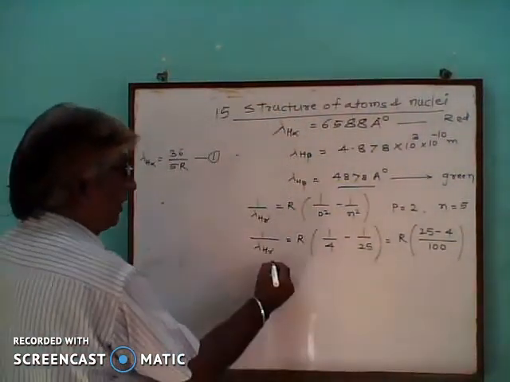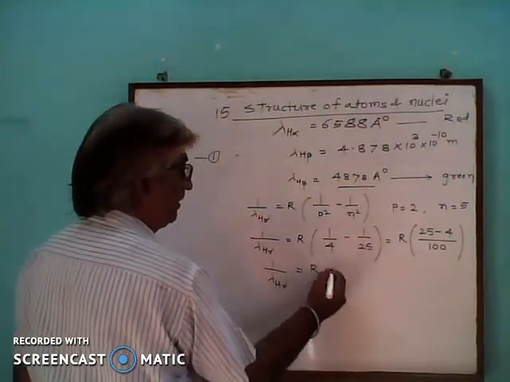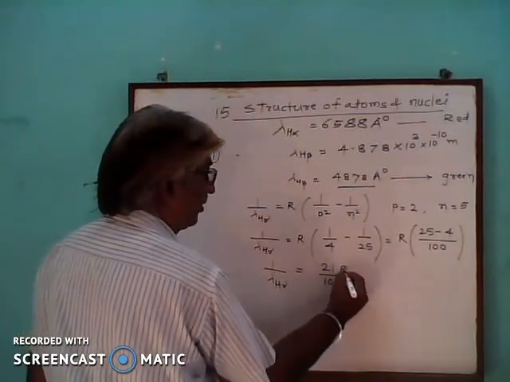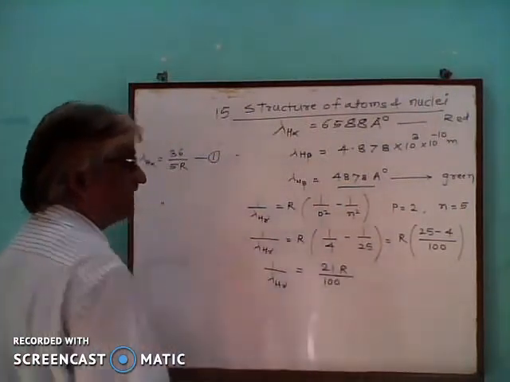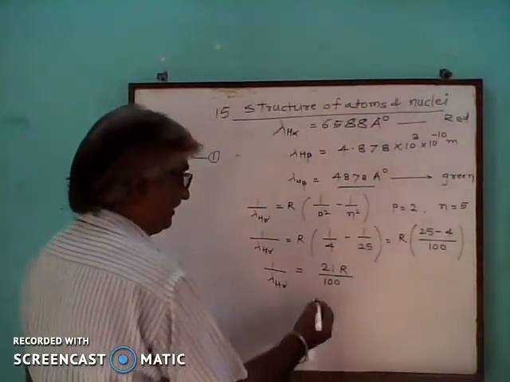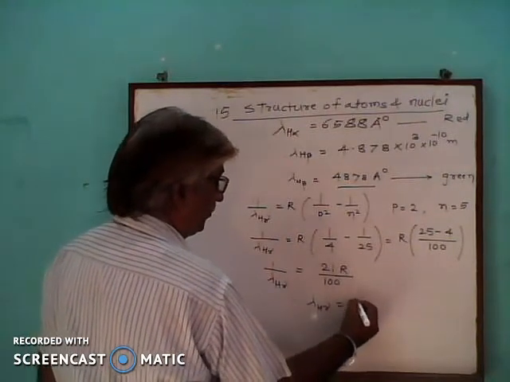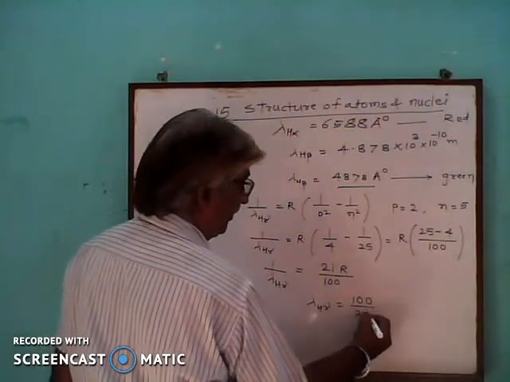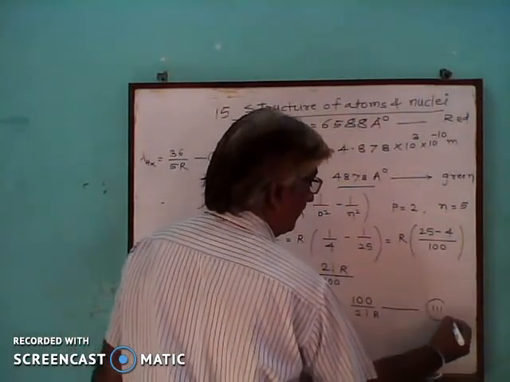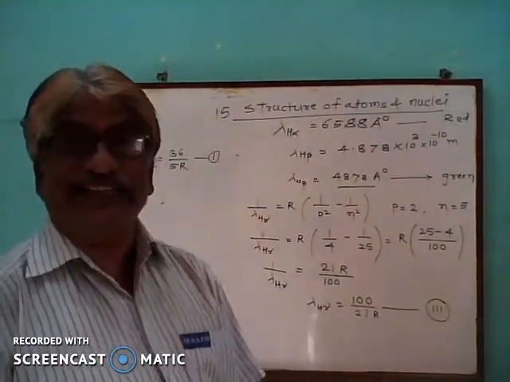So 1 upon lambda H gamma is equal to 21 R upon 100. If we take the reciprocal, then lambda H gamma will be 100 upon 21 R. Take this as equation number 3, with which we can find the wavelength for the H gamma line.